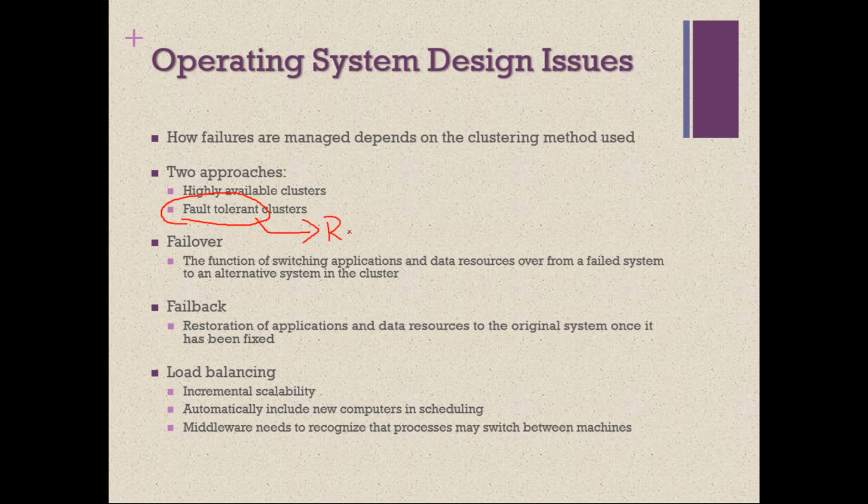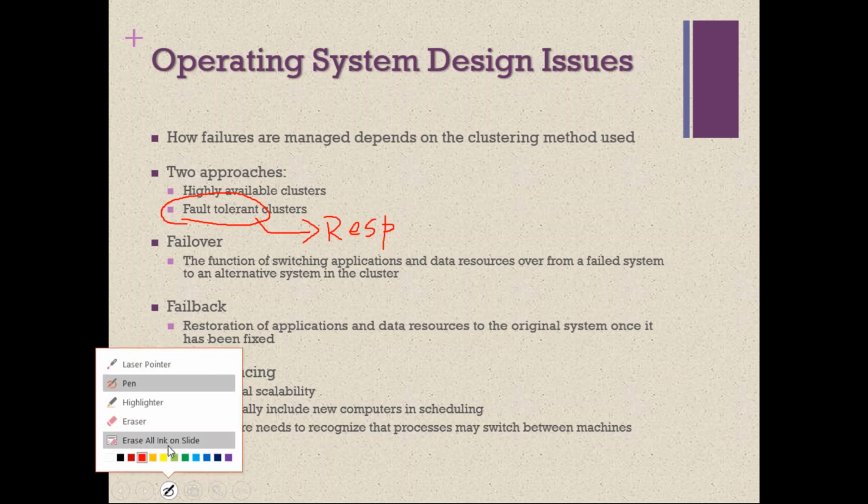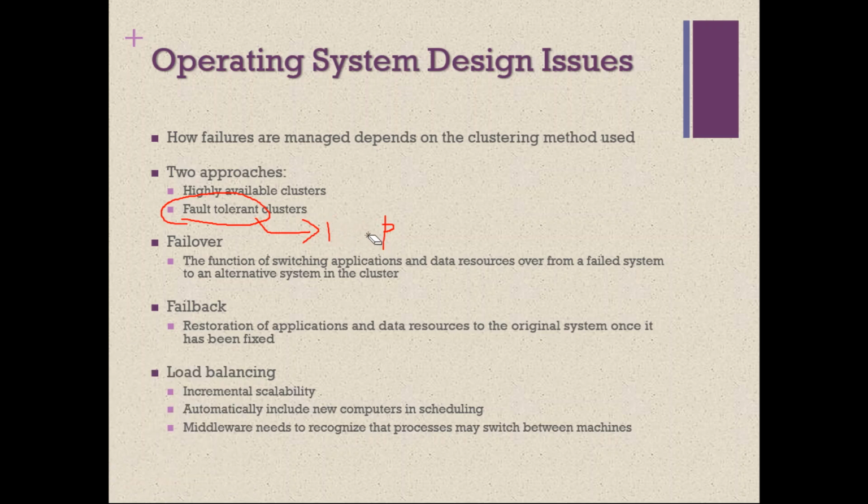The server may fail, or the server may fail when a transaction is executed partially, whatever the reason may be. But fault tolerant systems guarantee that the resources will be available always.